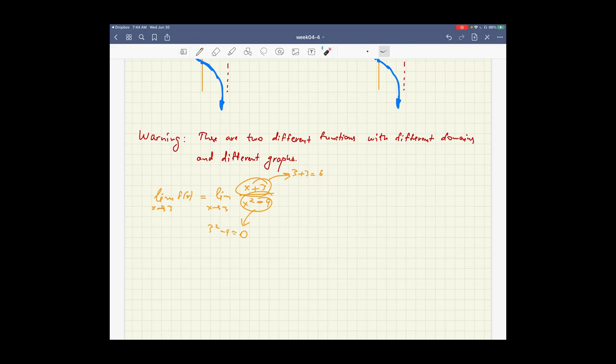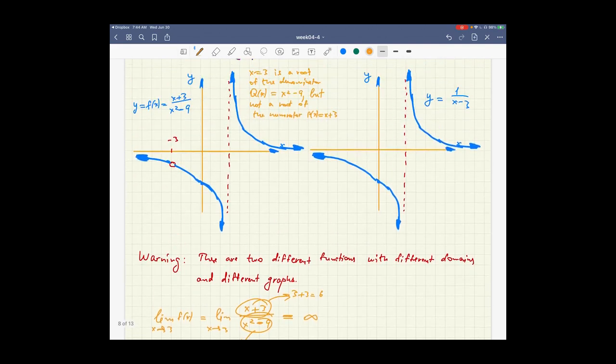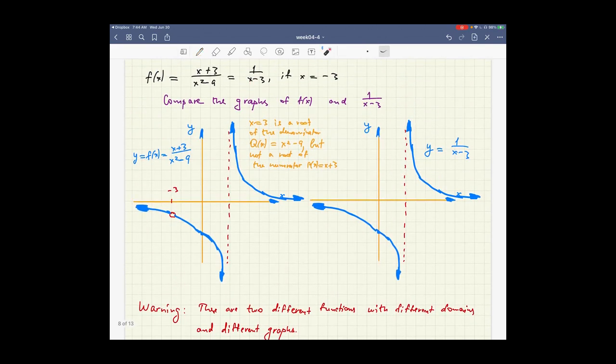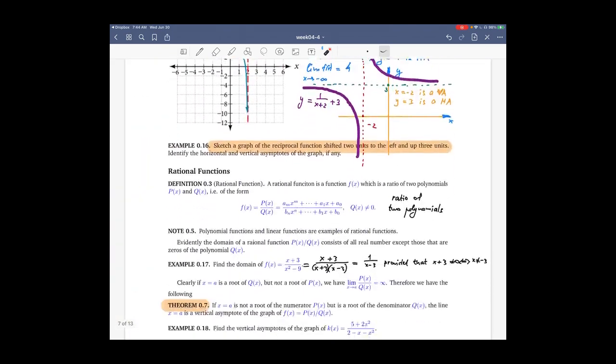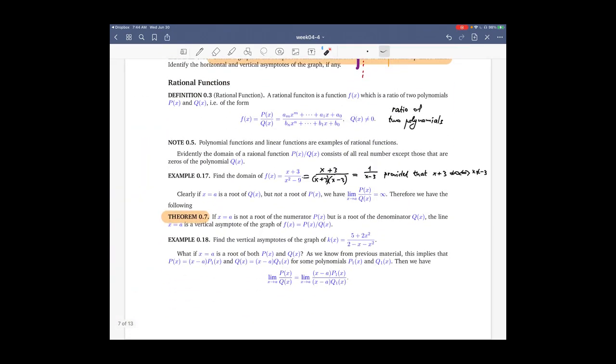So you're dividing numbers that are closer and closer to 6 by numbers that are closer and closer to 0. Of course, the ratio is infinitely large. That is what we see on the graph. X equals 3 is indeed a vertical asymptote. That is what this theorem says.